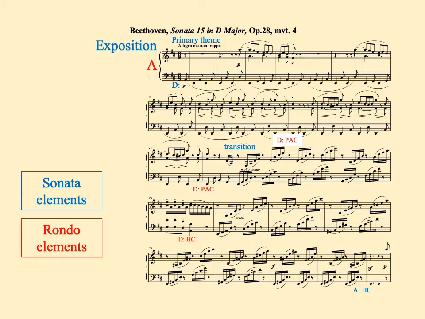Transition. We're moving to A major, so once G sharp starts showing up, like that, that'll start getting us closer to A major.